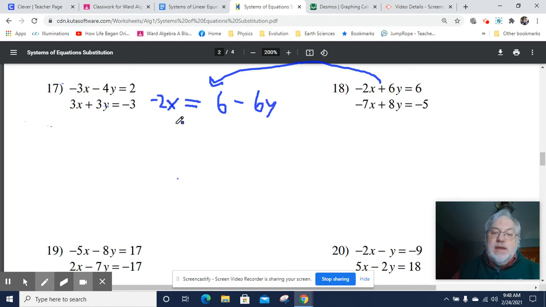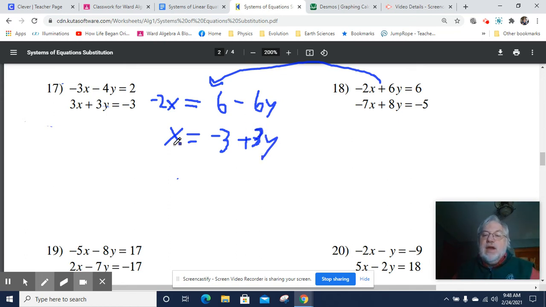Then I need to divide both sides by negative 2. So x will end up equaling negative 3 plus 3y. And now I have an expression. Let me tidy that up.